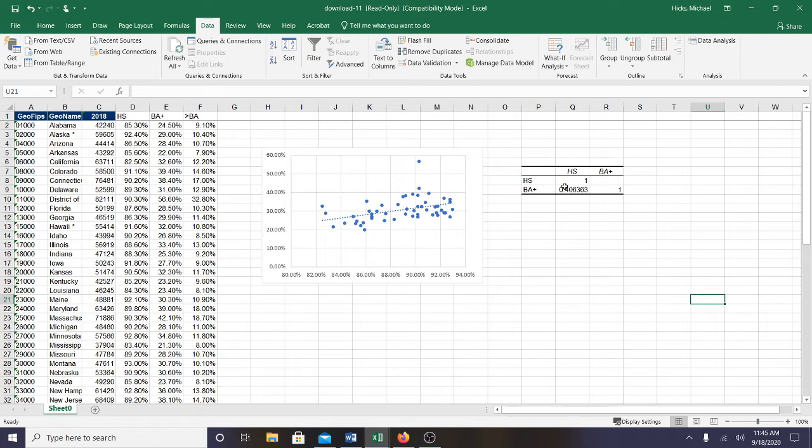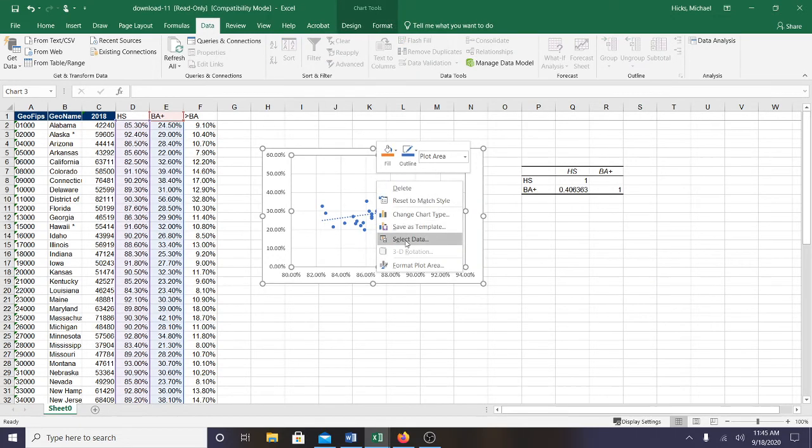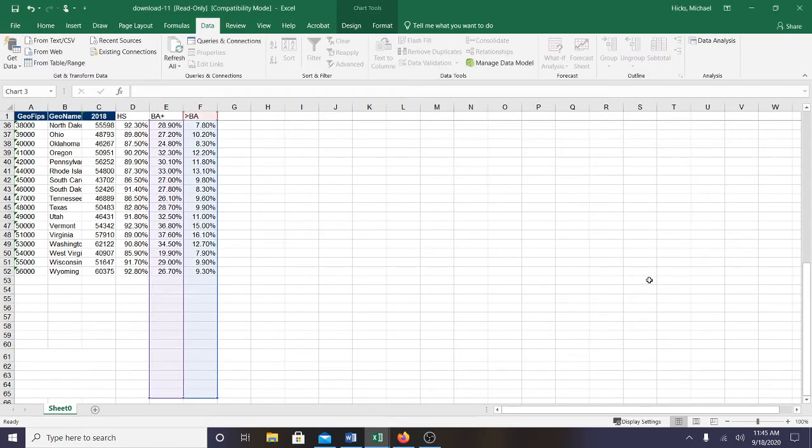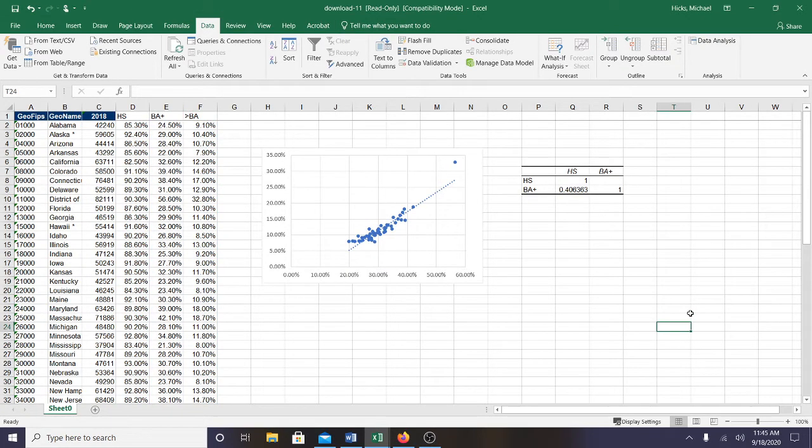So the next step we go to then is to say, well, let's look if there are other correlations here. So now we'll select the data here for bachelor's degree and bachelor's degree plus. Go back to look at that, and wow, that's a far stronger correlation, it would appear, and that's not unlikely, given that this number is included in this number.